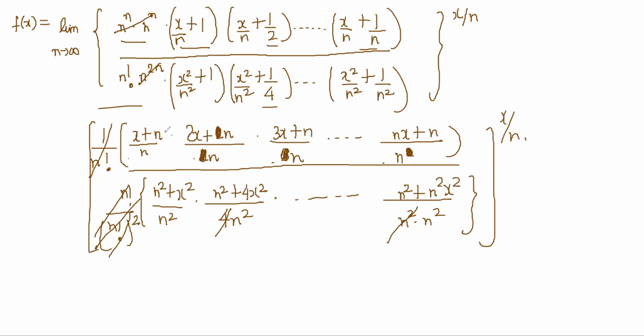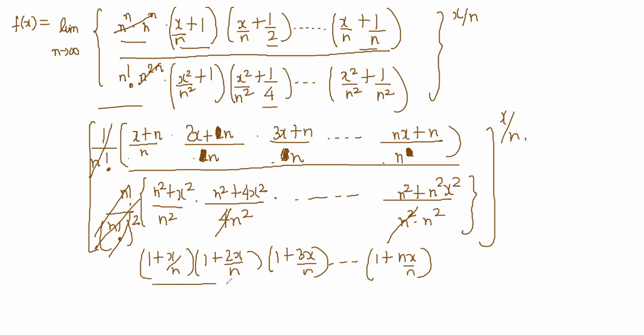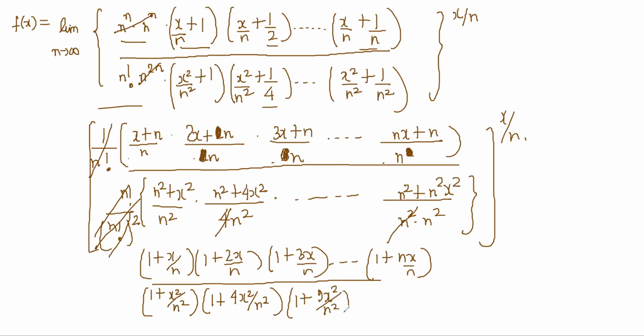Now it looks a little doable because it is 1 plus x by n, 1 plus 2x by n, 1 plus 3x by n, up to 1 plus nx by n, and the denominator is 1 plus x square by n square, 1 plus 4x square by n square, 1 plus 9x square by n square, and so on, 1 plus n square x square by n square.